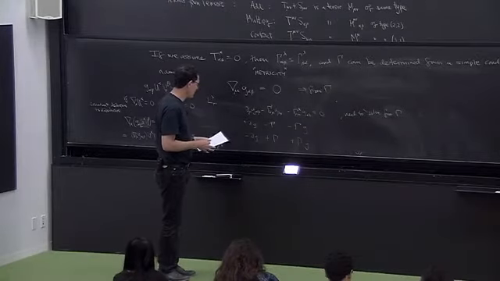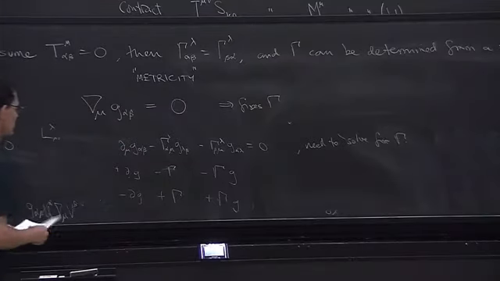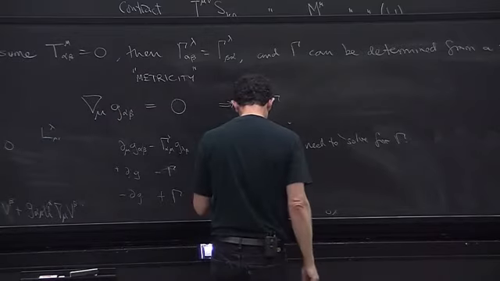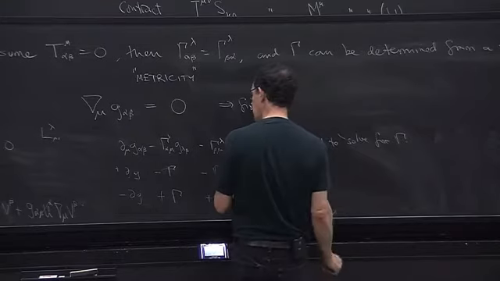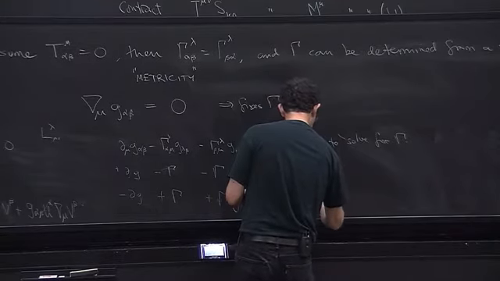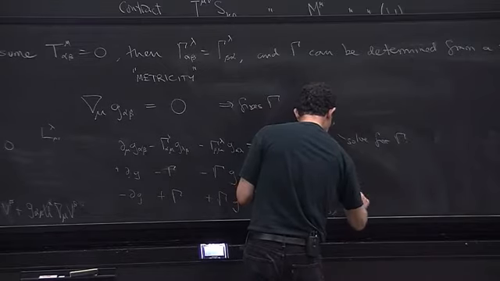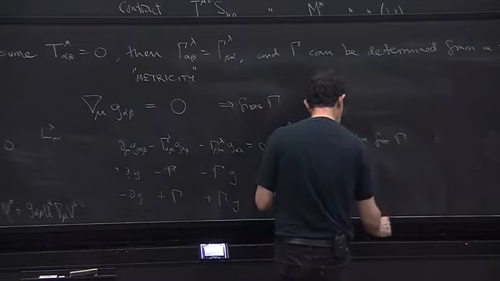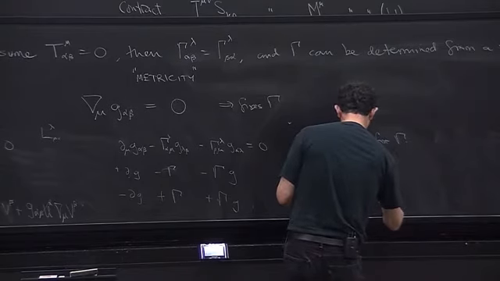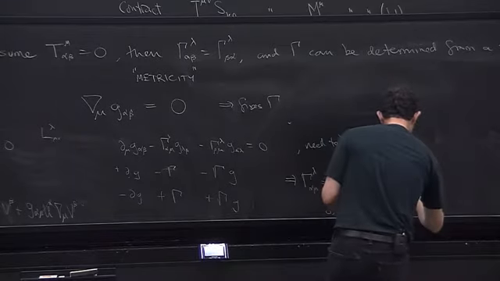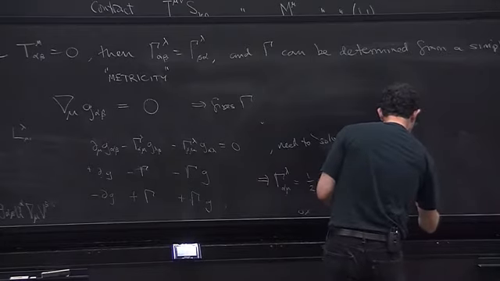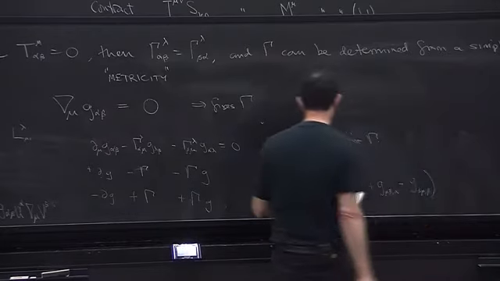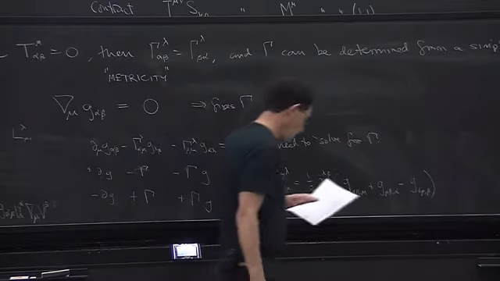But you add and subtract the same equation, and it turns out lots of terms cancel, and then what we find is that Γ^λ_αμ is equal to g^λβ (∂_μ g_αβ + ∂_α g_μβ − ∂_β g_αμ), with a factor of one half.